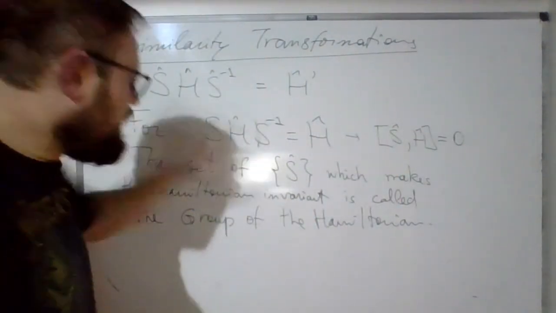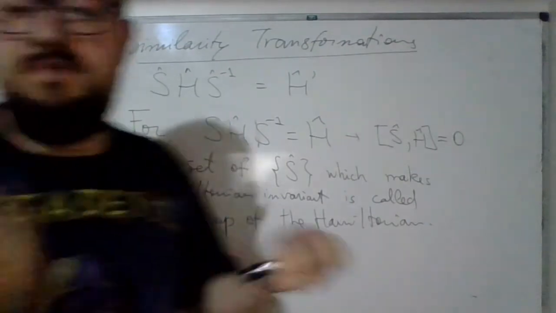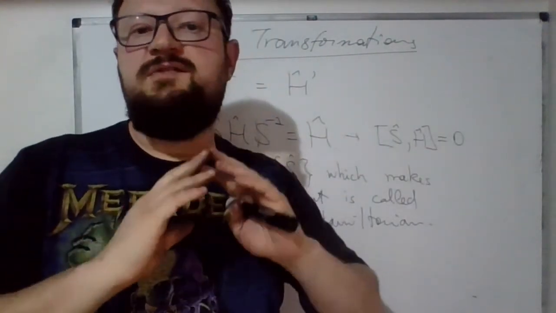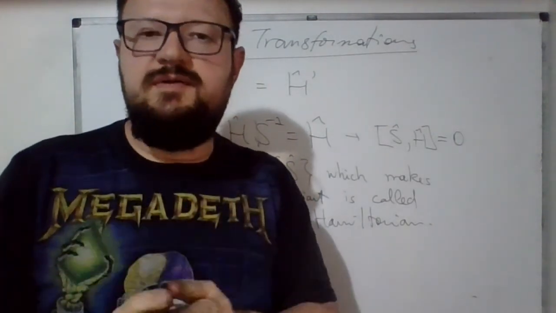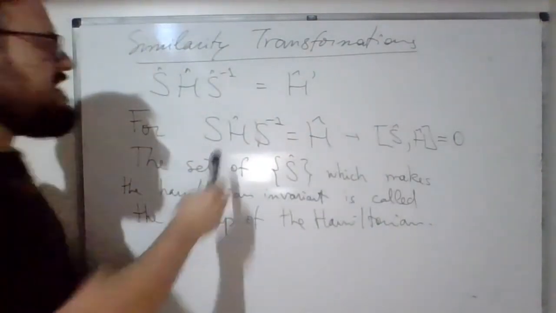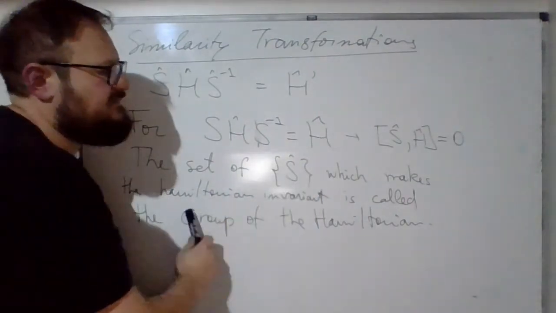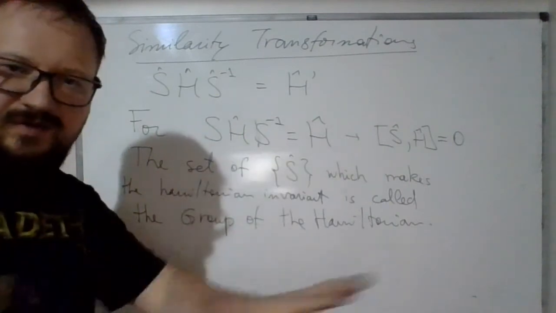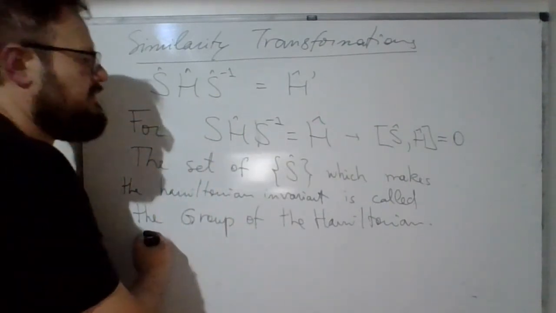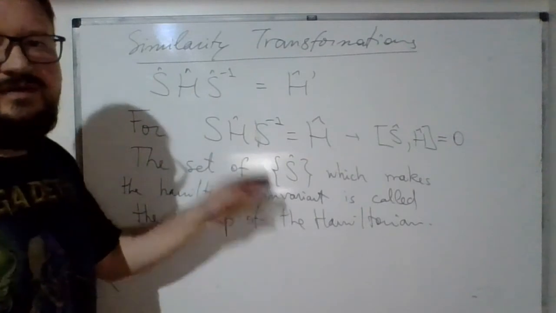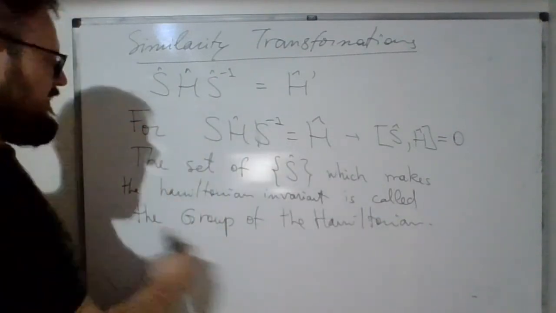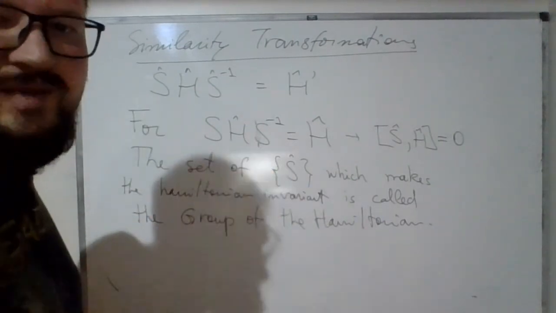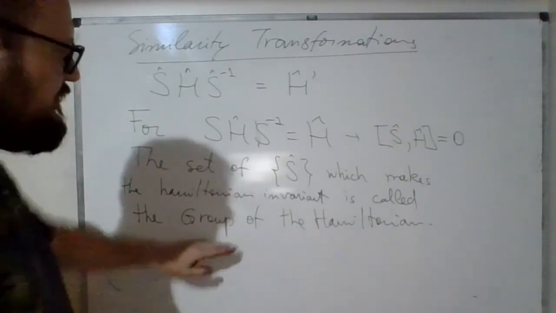And all the transformations, be they rotations, translations, or eventually more abstract operations, which leave the Hamiltonian invariant, looking the same as before the transformation, are considered the symmetries of the Hamiltonian and form a group which is called the group of symmetries of the Hamiltonian. This is a very important group.